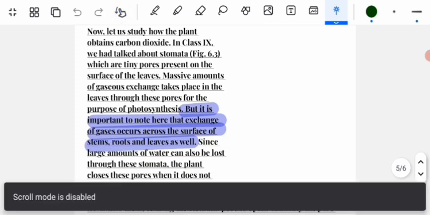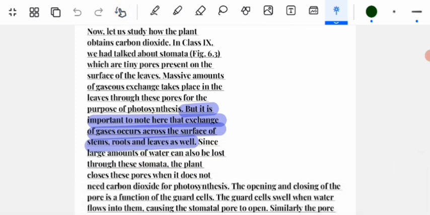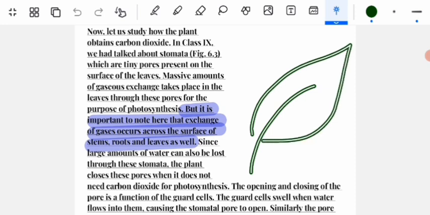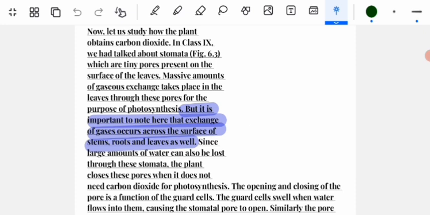One more important thing: the stomata are present like tiny pores on the leaves, and there is a massive amount of exchange in the stomata. But it doesn't mean that only in the stomata the exchange happens. The exchange of gas occurs on the surface of the stems, roots, and leaves as well.